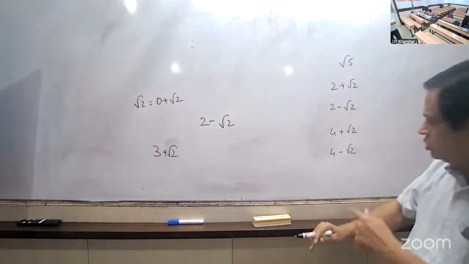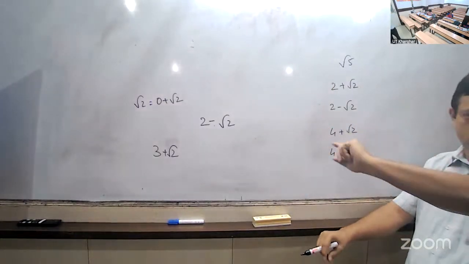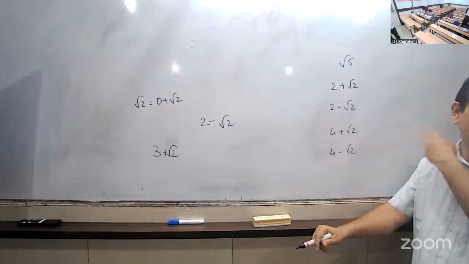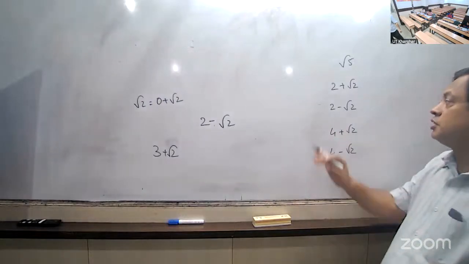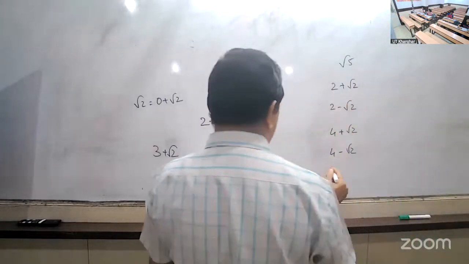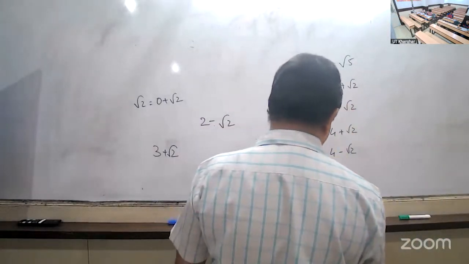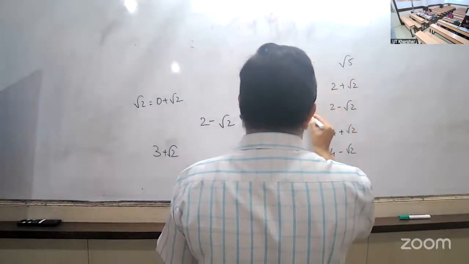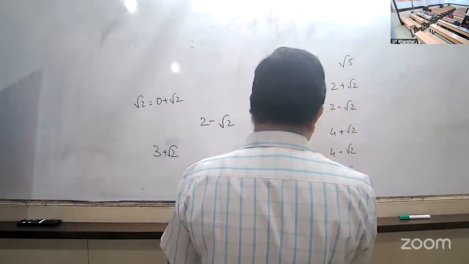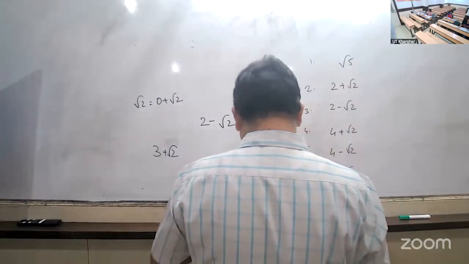For doing this one, no need to start from 0 on the number line, okay? You can start from 2, 3, 4 or 3, 4, 5. One more I will give: 2 plus root 3 also. 3, 6.